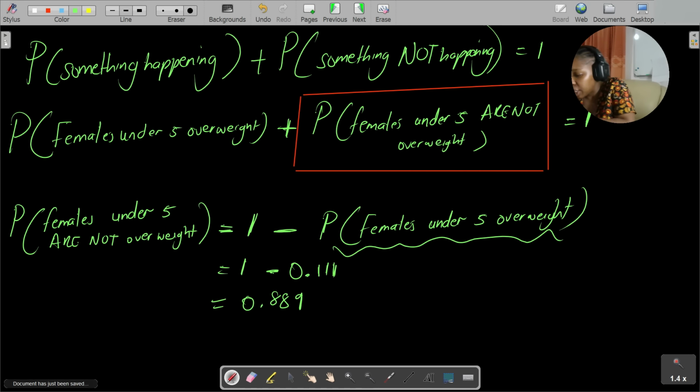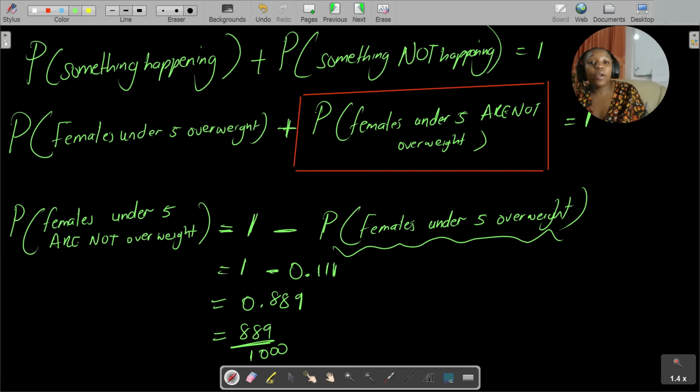As a fraction, you can just press the S-D button. If you take 0.889 equals, it's just going to do that for you. It's going to be 889 over 1000, because they want it as a fraction.